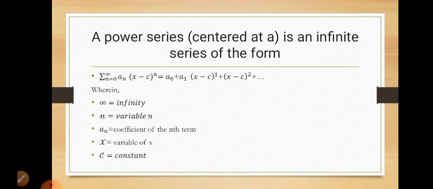Where n goes to infinity, n is the variable, c sub n is the coefficient of the nth term, x is the variable, and c represents the constant.